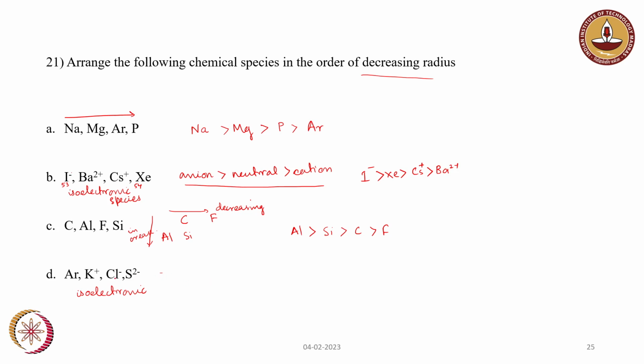So among Cl minus and S2 minus, S2 minus will be having larger radius than Cl minus, and between neutral and cationic species, neutral will be having larger radius. So argon and potassium.